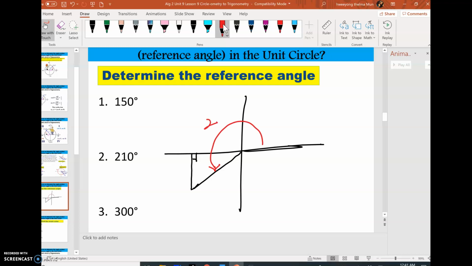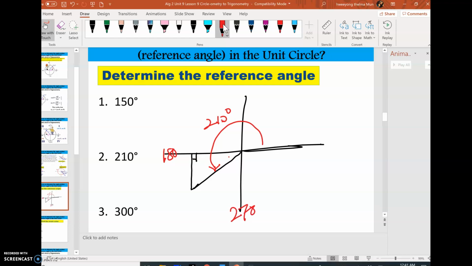So this is going to be 210 degrees. Now, how are we going to find the reference angle that is right here? In this case, we know that you're going a little more from this 180 degrees because it's going to be between 180 and 270.